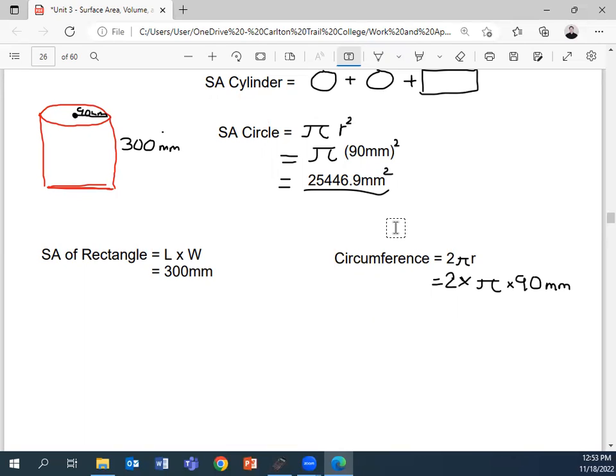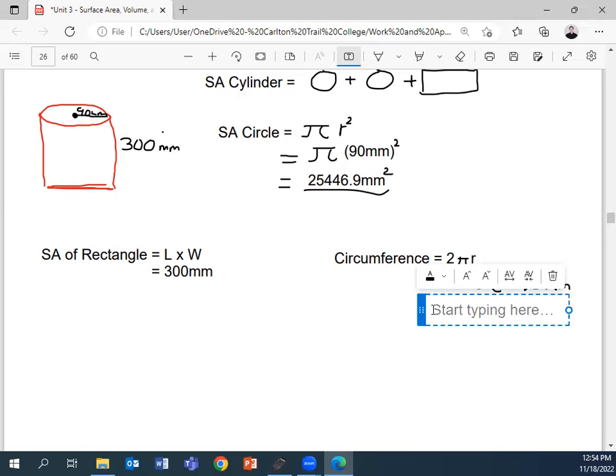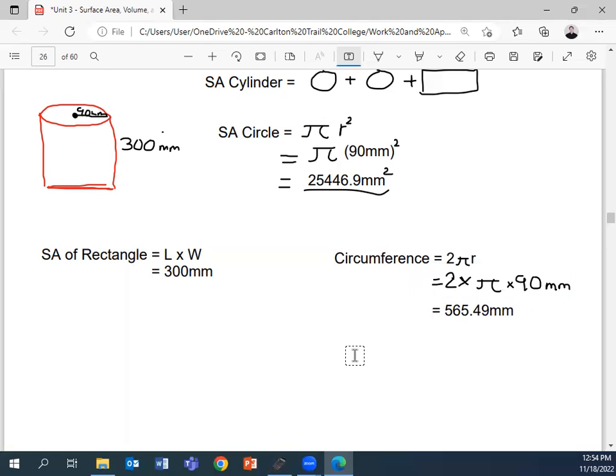The circumference is just a length around the circle. So it's 2 times pi times 90 millimeters. What's that going to give me? 565.49 millimeters. Just millimeters, not squared, right? We're not finding the area, we're finding the length.